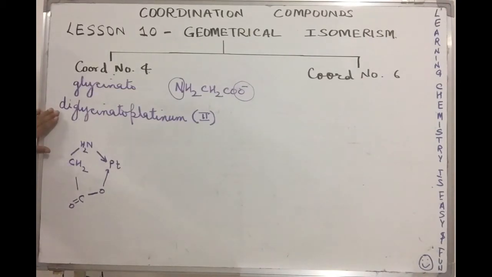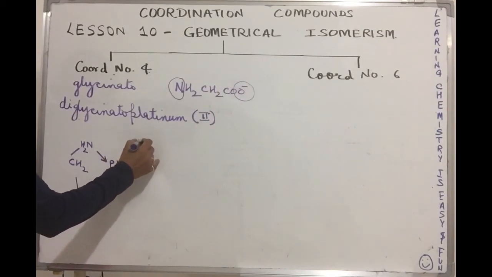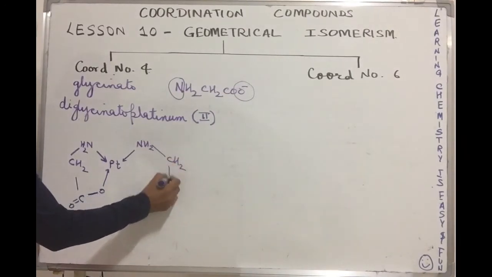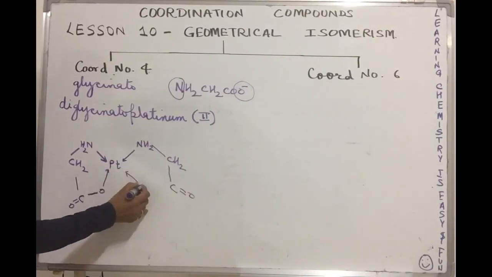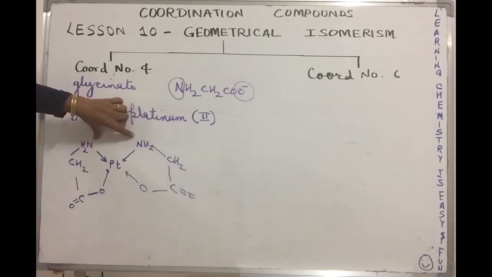Now complete the molecule, right? Go ahead. So, NH2, CH2, C double bond O, and then we have O and then connected. So if you notice over here, it's the same ligands, the same donor atom facing each other.